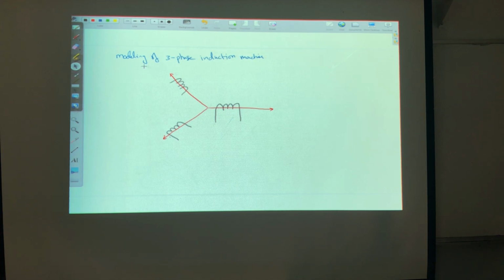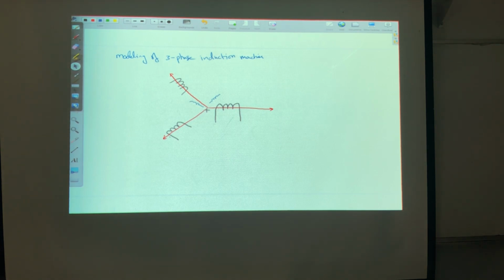Now simply, let's assume we are also having coils on the rotor. Even if we have a squirrel cage with no coils, in the end of the day, it will be identical to what? To a coil that's distributed in space by 120 degrees. So for that, let's assume that we have this coil here for the rotor.